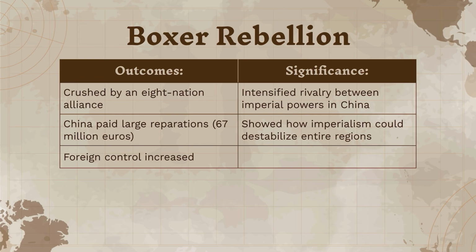China had to pay large reparations to those 8 countries, and the rebellion backfired, and foreign control increased even more. It was significant as it intensified rivalry between imperial powers in China, and it showed how imperialism could destabilize entire regions.